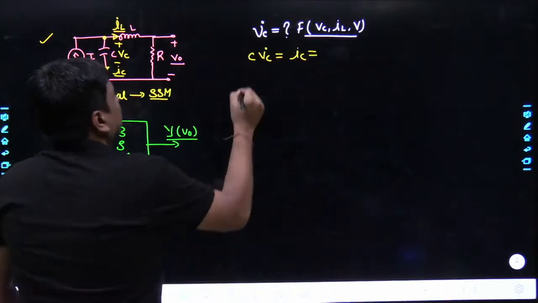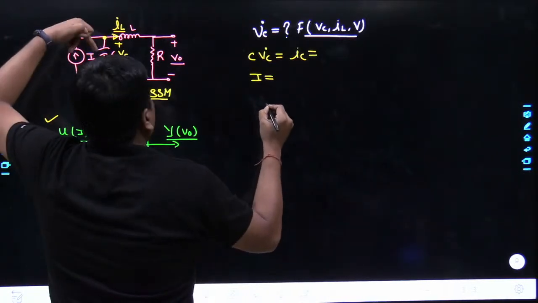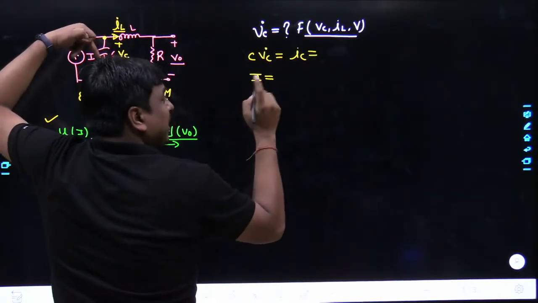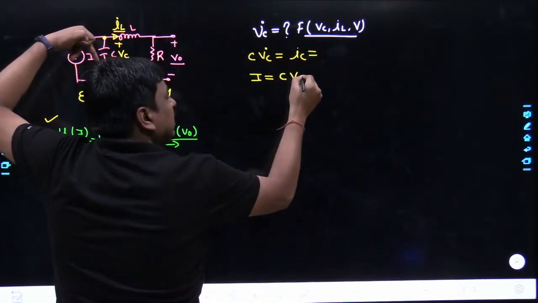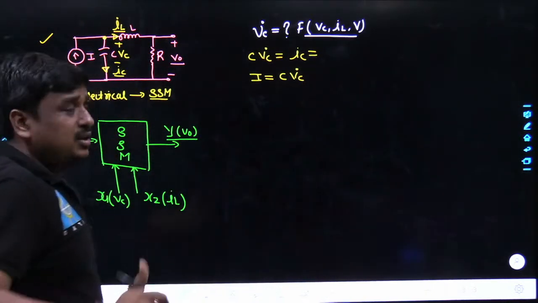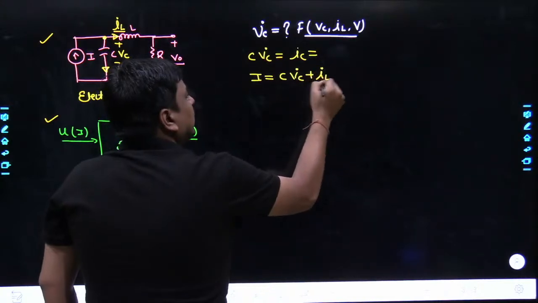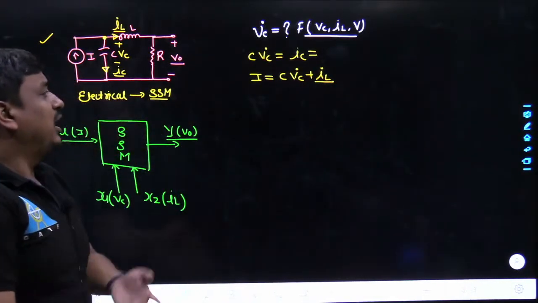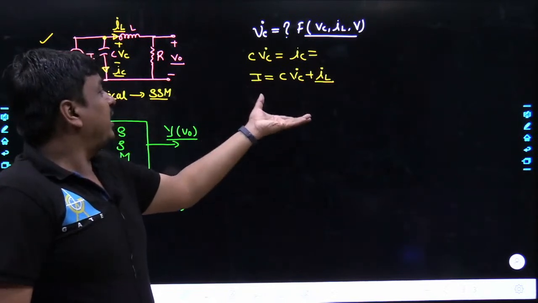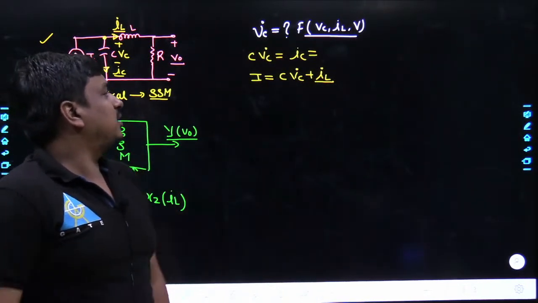The capital I is bifurcated into two parts. First is the current across the capacitor, which is C dVc by dt, which is C Vc dot. Agreed? And the second part of the current has gone through the inductor, which is IL. That's more than adequate to rewrite the Vc dot in terms of Vc, IL and V.